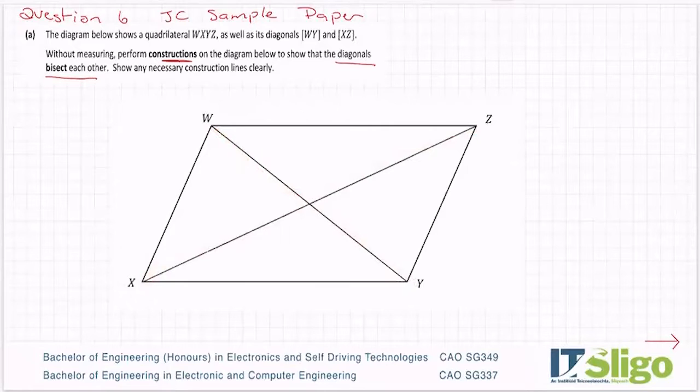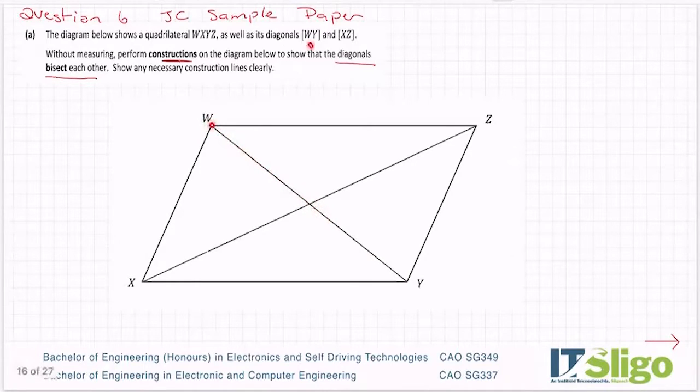I'm going to do a separate video on this, but just to explain for anybody who has them done, first of all, we'll bisect this line. You use your compass and put the needle of your compass into W first. You set your compass so that the width between the needle and the pencil is a little bit more than halfway along the line you're trying to bisect.